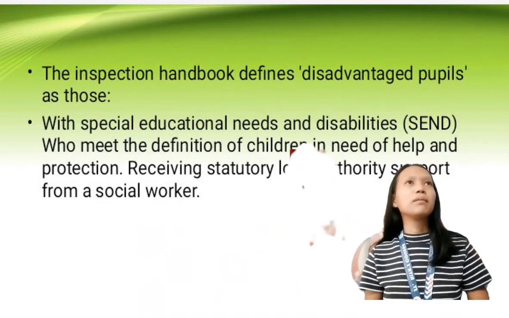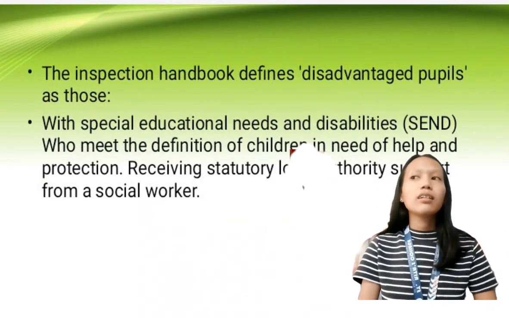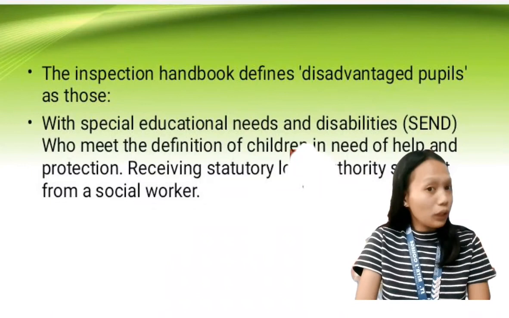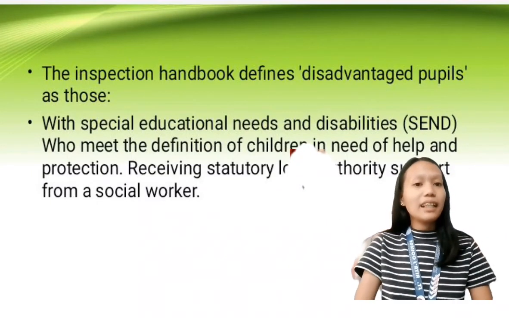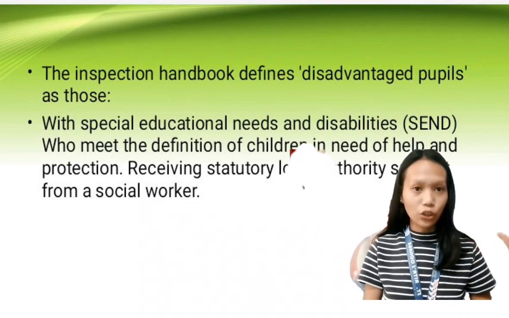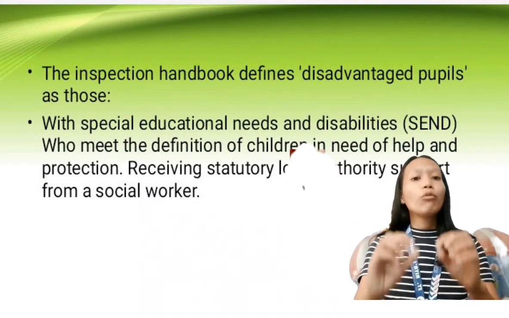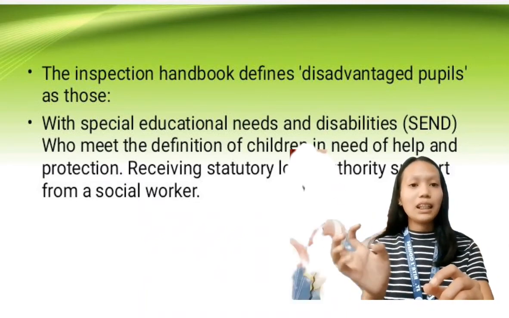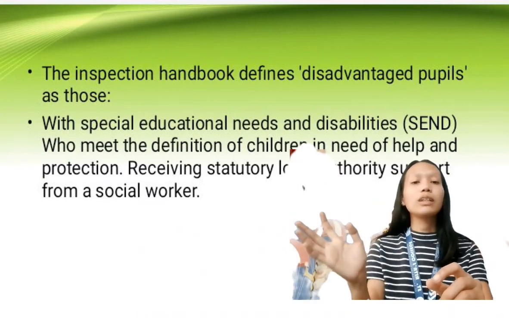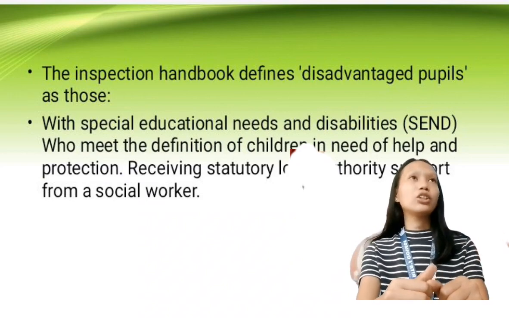For example, because of their disability, I'm sure their classmates will bully them. Because of that bullying, that student really needs protection to be able to concentrate on studying. So I think that is what we can call the disadvantaged pupil: those students who have a disability or educational needs.